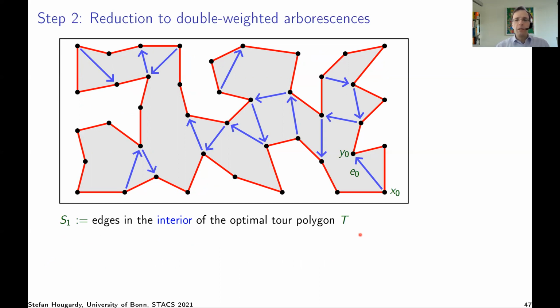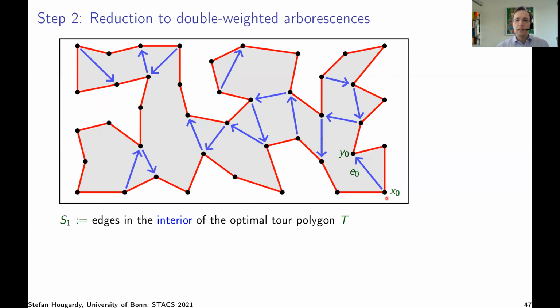And so for this, we partition the edge set S1 into two subsets, and we consider some fixed edge E0 with endpoints X0 and Y0, and partition all the edges in S1 with respect to having the same orientation as E0 or having opposite orientation to E0. And what do we mean by having the same orientation?